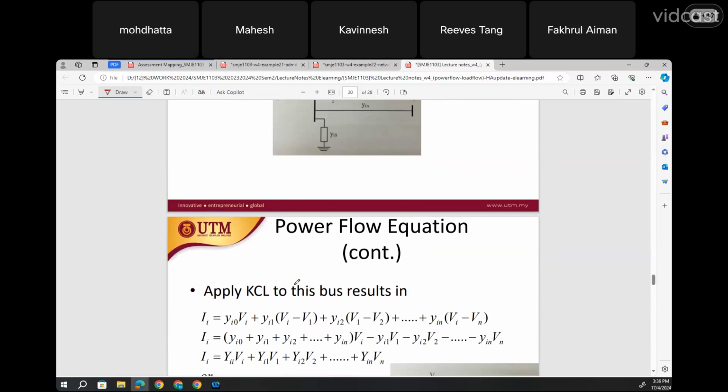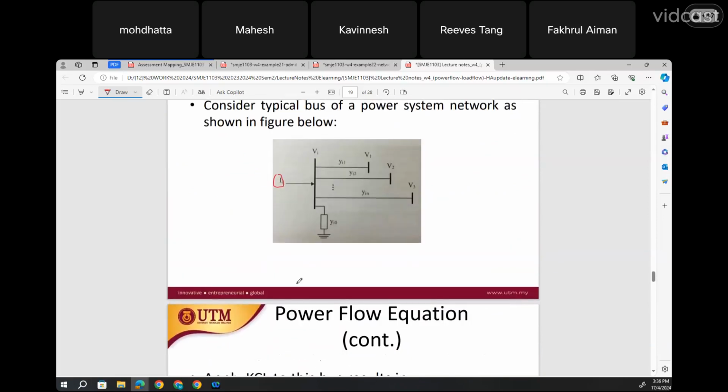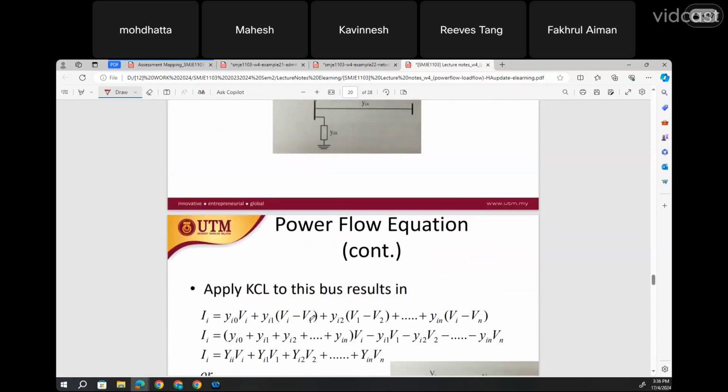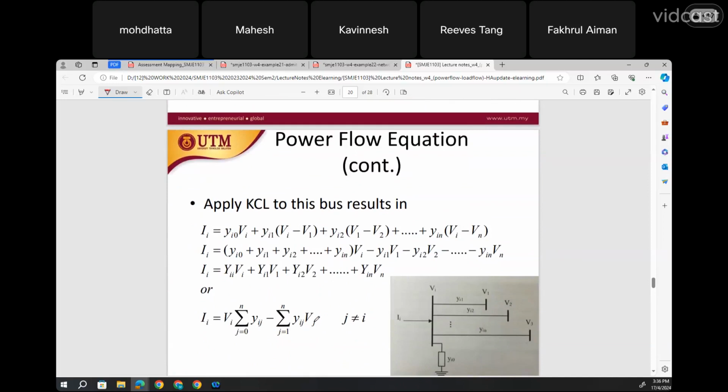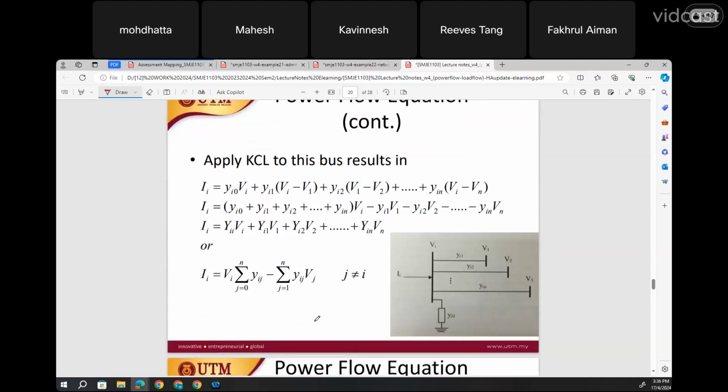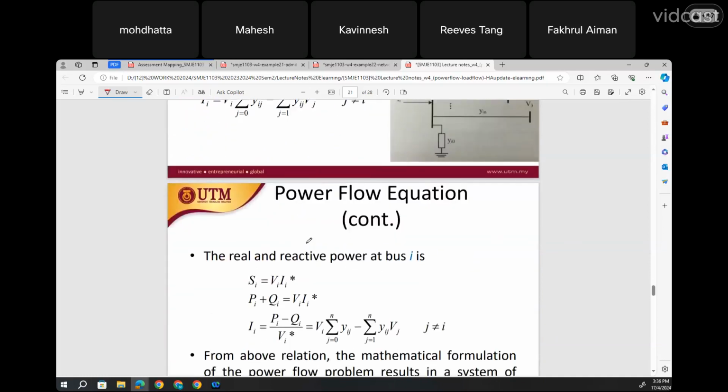So we make it a general equation. How we come up with this equation, I think we discussed in detail. We need to apply KCL in order to get the current equation. From the current equation, you see here we have the admittance value, where we can form it into the admittance matrix.